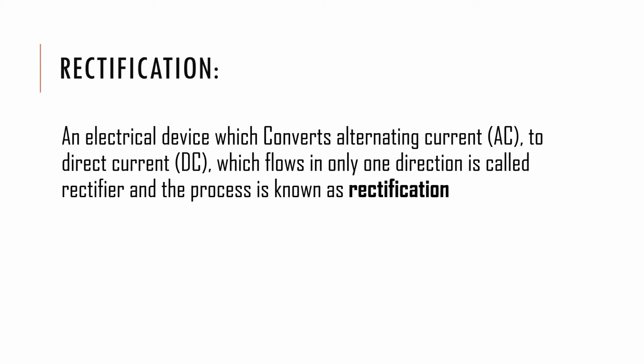So, how can we define it in a proper way? An electrical device which converts alternating current to direct current which flows in only one direction is called rectifier, and the process is known as rectification.